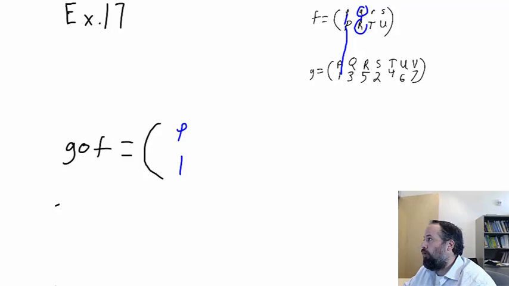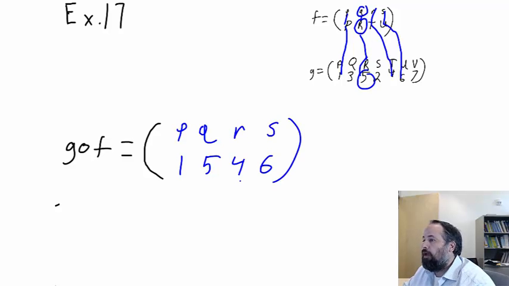Q maps to R, which maps down here to 5. R to T to 4, and S to U to 6. So this composite function, g of f, looks like this.